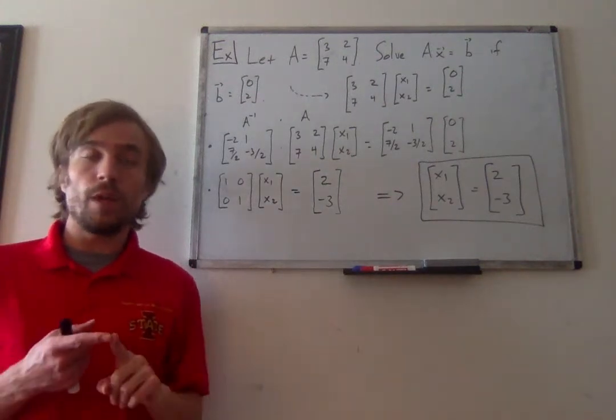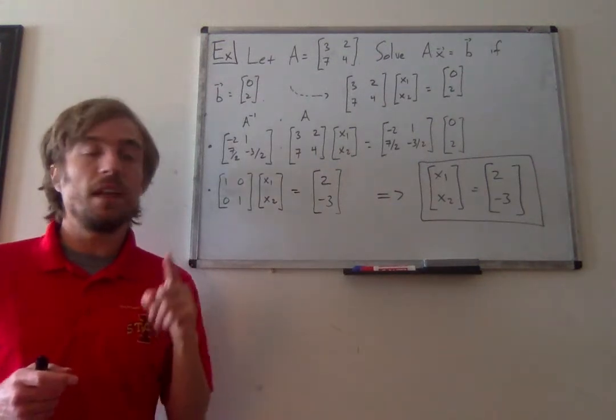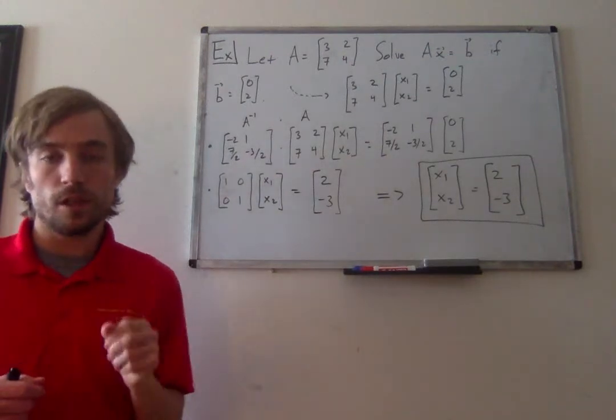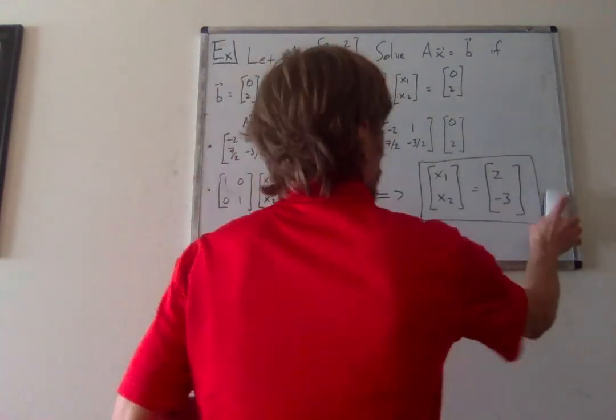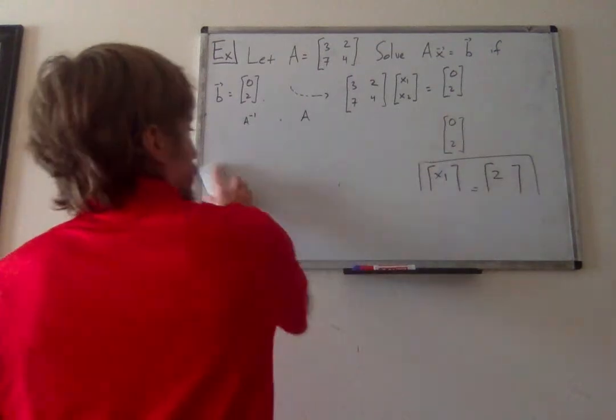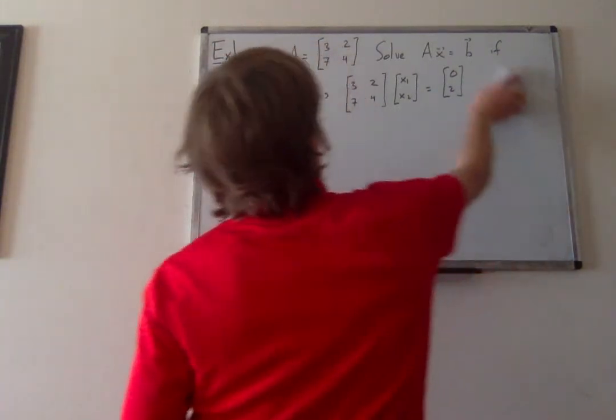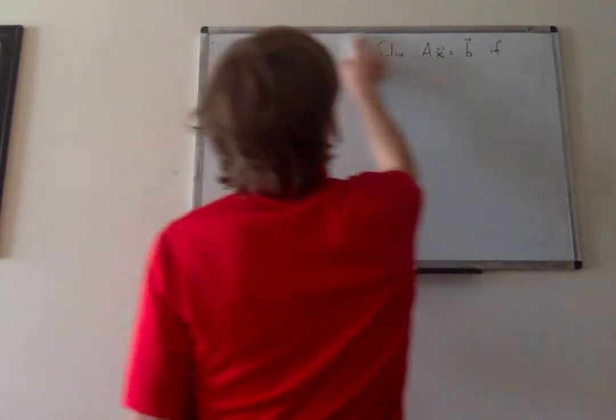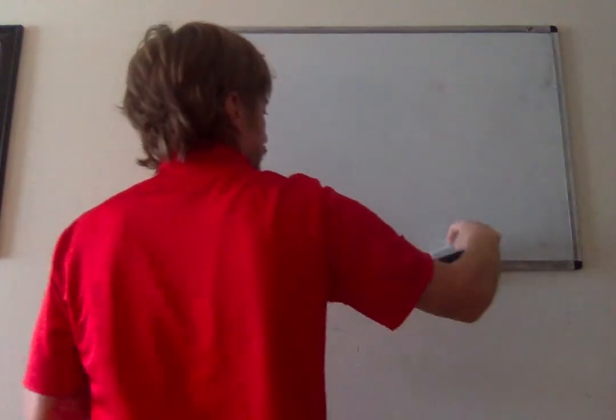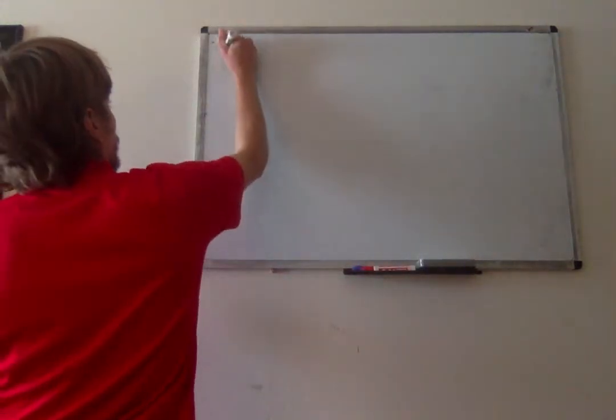So if A is an invertible matrix, A also corresponds to a one-to-one and onto linear transformation. And so I will state now this theorem, and we can end this lecture.